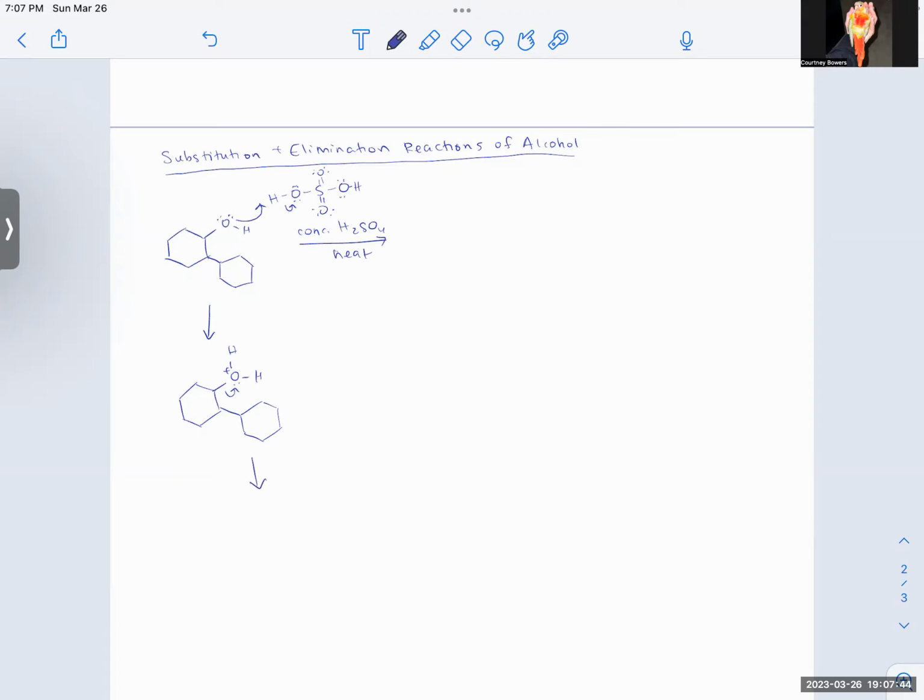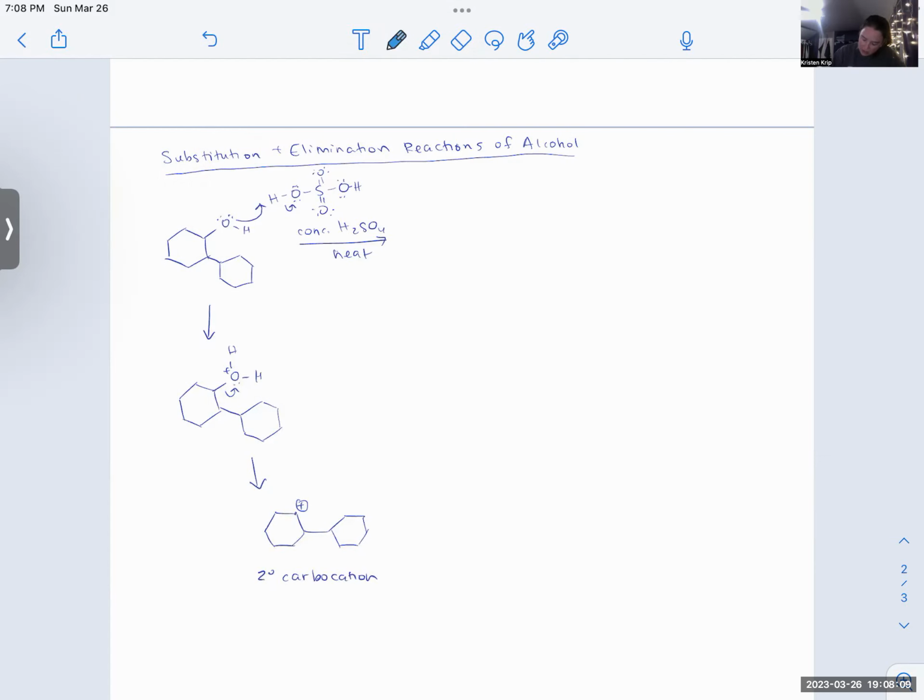And now we're going to have a positive charge on that carbon. But right now we have a secondary carbocation, and what we want to do is make that more stable. So we're going to have a hydride shift.